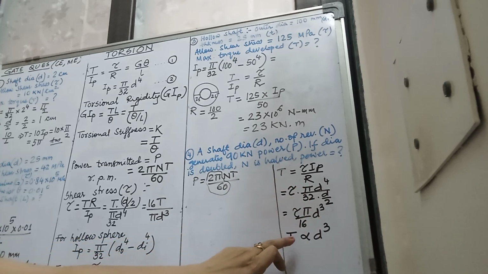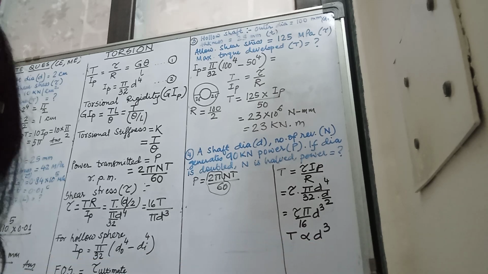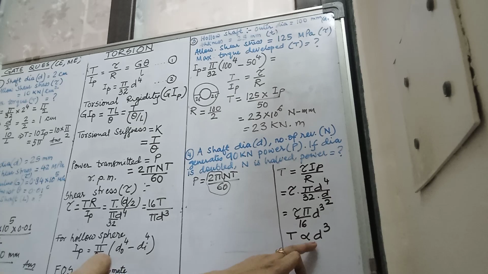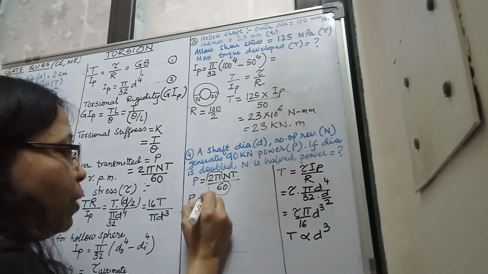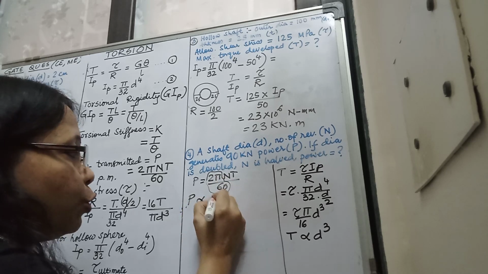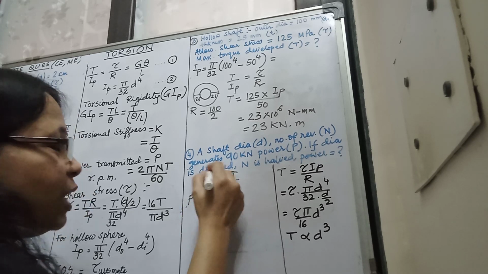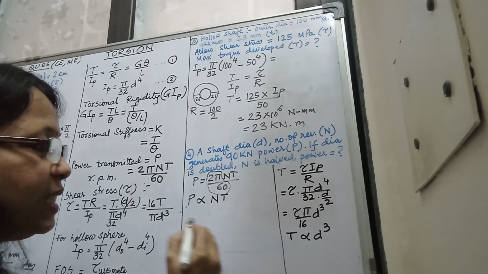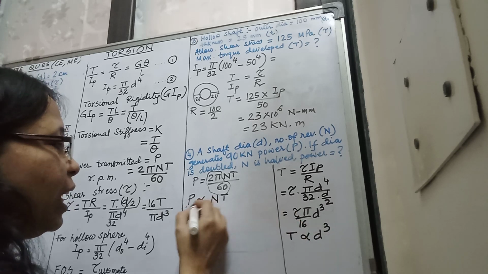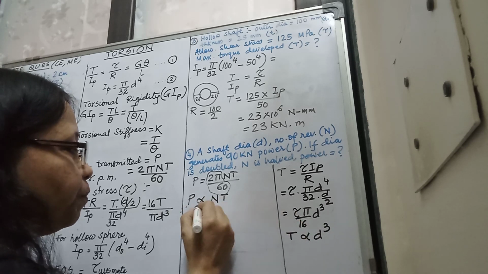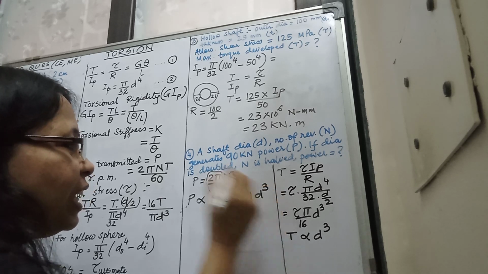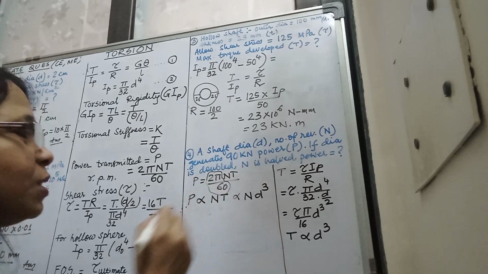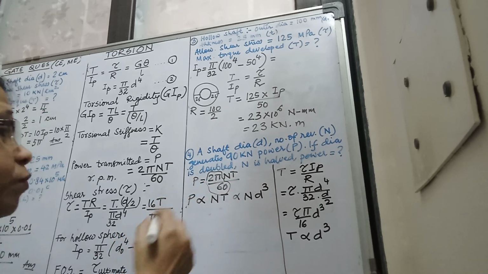So we can say that torque is directly proportional to the diameter cube, correct? So in case of P, we can say P is proportional to N into T, because 2 pi and 60 are common. Now T is proportional to d cube. So P is proportional to N into d cube, correct? The rest is constant.